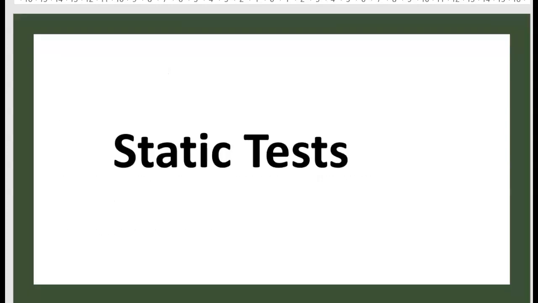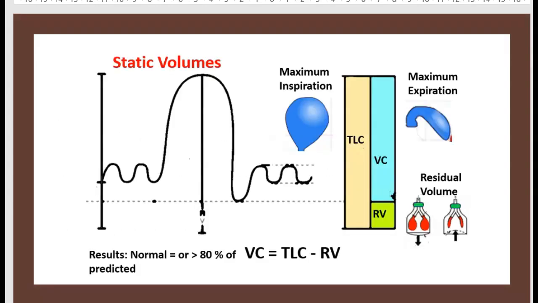Let's start with static tests, otherwise static volume. We need only 3 volumes. The first one is the total lung capacity. The second one is the vital capacity, and the third one is residual volume.